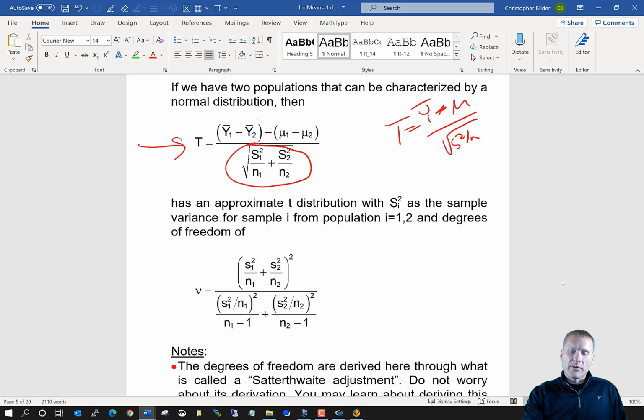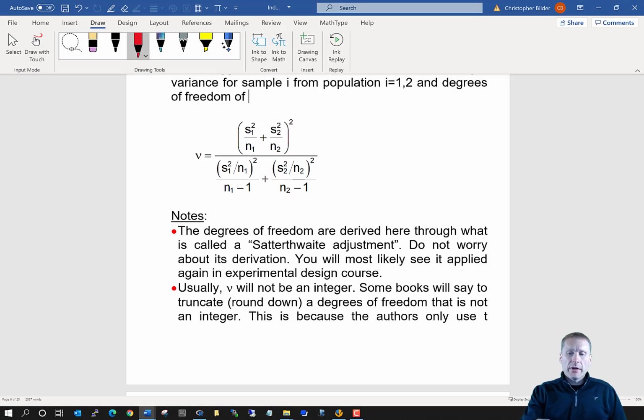Here's our measure of the variance for y bar 1 minus y bar 2. Notice where the capital letters are. Those are the random variables. This quantity, this capital T here, has an approximate t-distribution. The corresponding degrees of freedom is denoted again by this Greek letter nu. And you can see it's a kind of complicated expression that's dependent upon the sample variances and the corresponding sample sizes.